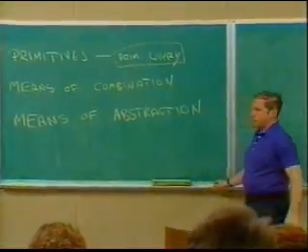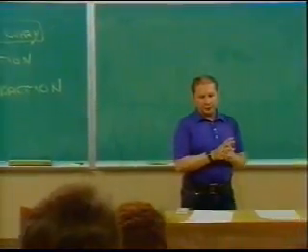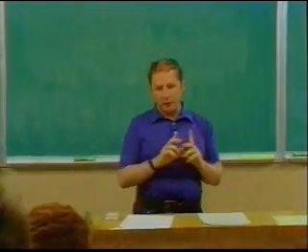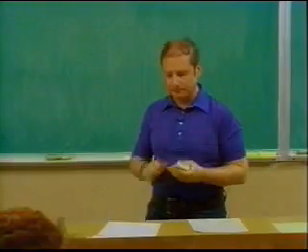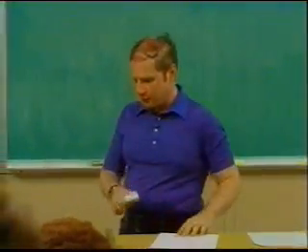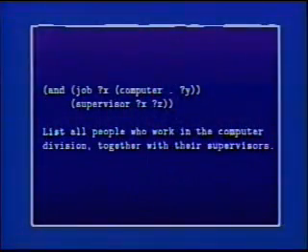Okay, means of combination. Let's look at some compound queries in this language. Here's one. This one says, tell me all the people who work in the computer division, together with their supervisors.